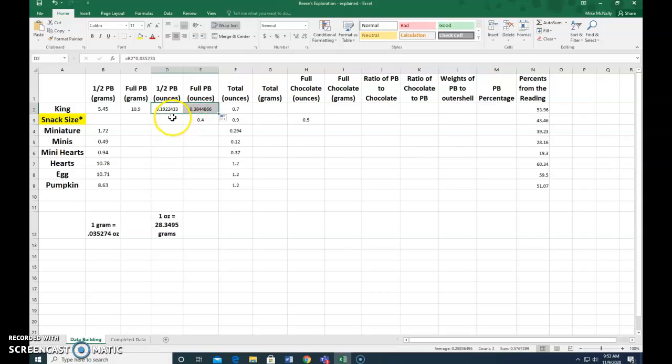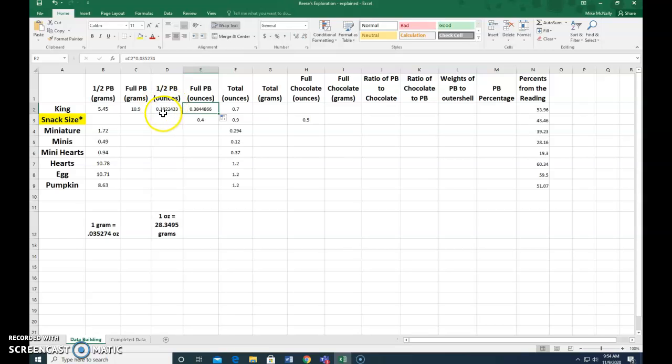Yeah, so it did. And basically what it said was this was B2 times 0.035274. When I dragged that over, it's C2. It knew that if this one was going to be B2 times that number, and I pulled this one over, then it actually worked out. That wouldn't always work out, but you could try that. And so I didn't have to redo the formula.